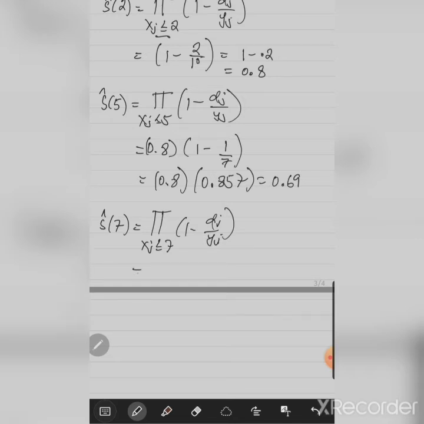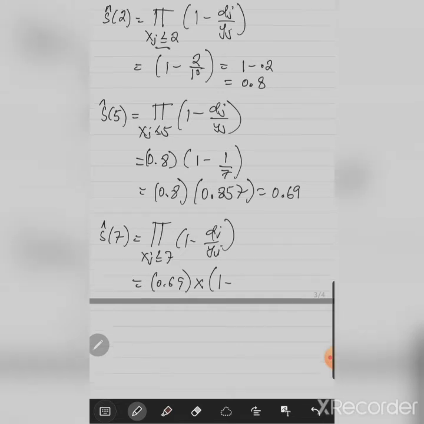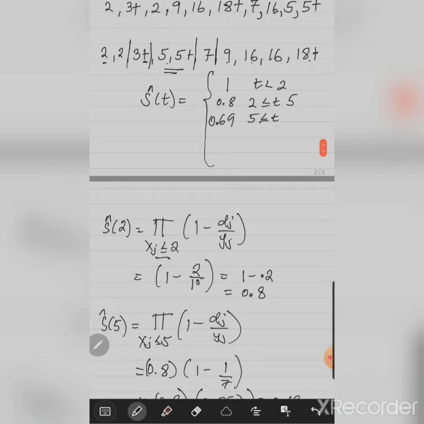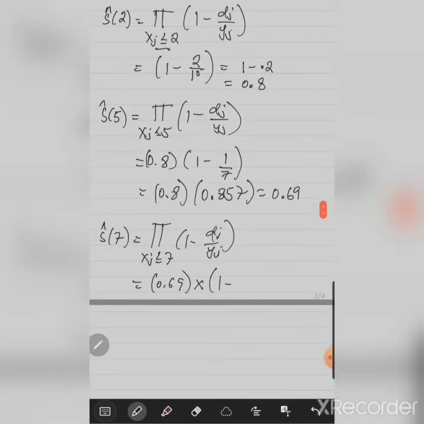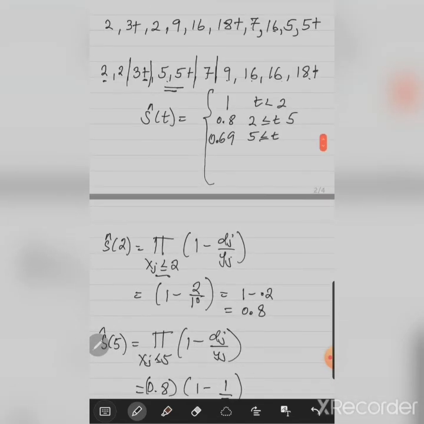So less than 7, we're going to do 0.69 times 1 minus the events that have occurred at 7. So the events that have occurred at 7 is just 1. So it will just be 1 over all the follow-up times greater or equal to that point, which is 7. So 1, 2, 3, 4, 5.